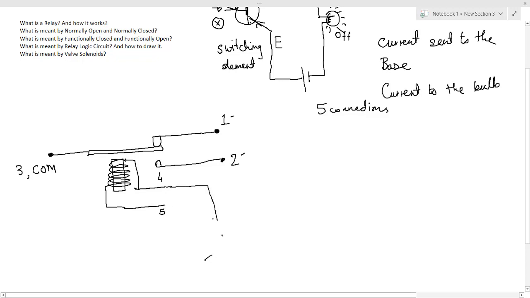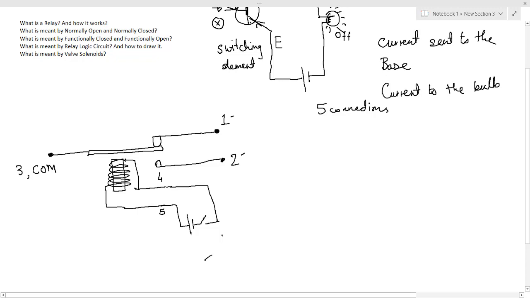Now see what happens. Over here we have our battery, and over here we have a switch kind of a thing. This can be a physical switch, but in most cases it is not. It is a signal which is sent from the controlling element. But right now let us say this is a switch.